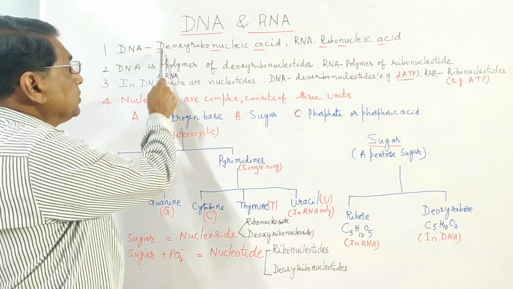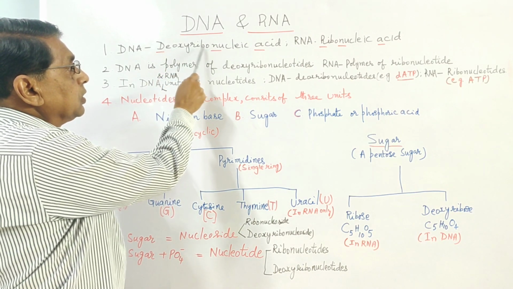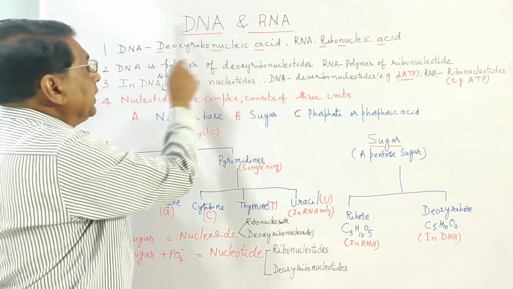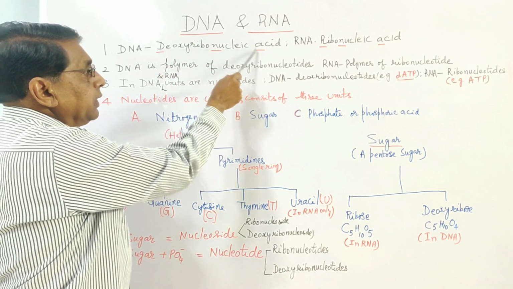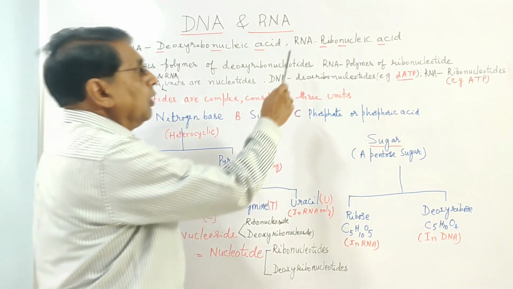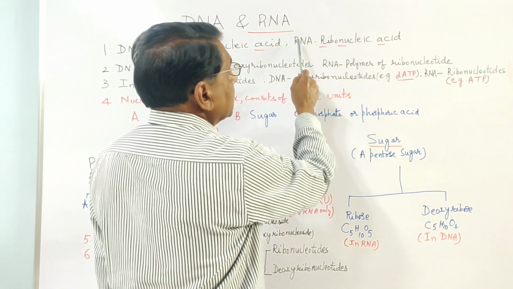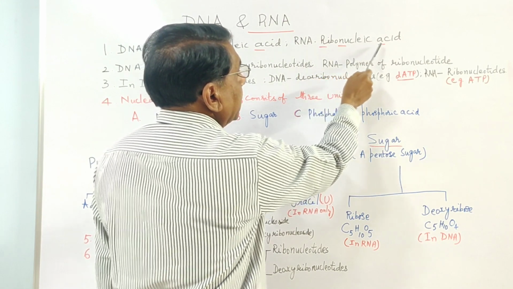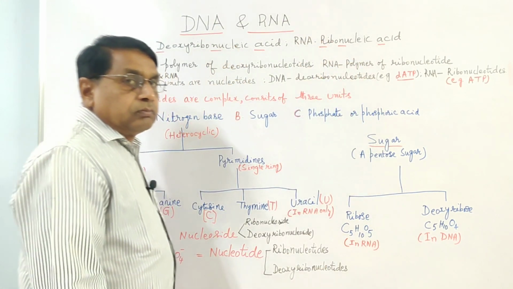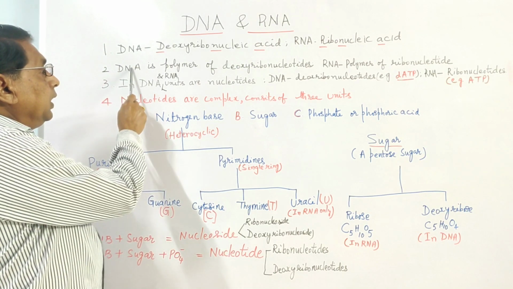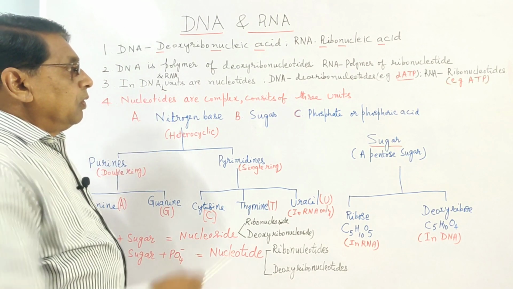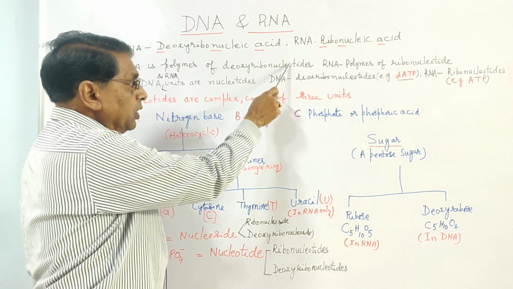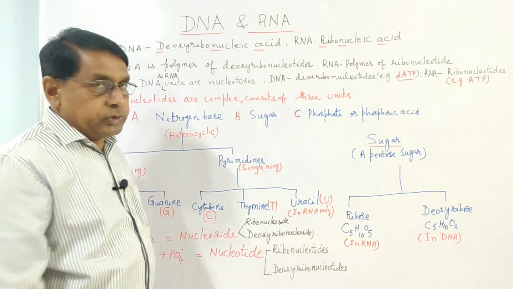DNA is deoxyribonucleic acid. RNA, ribonucleic acid. DNA is a polymer of deoxyribonucleotides.